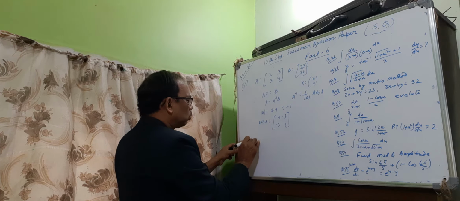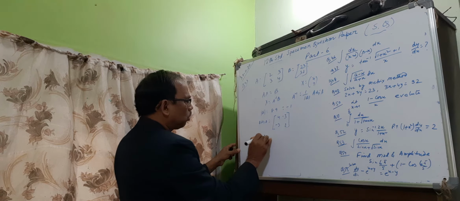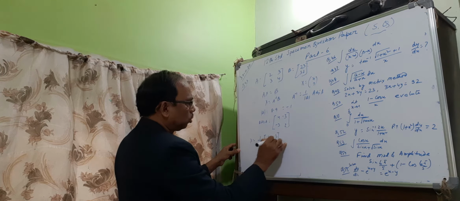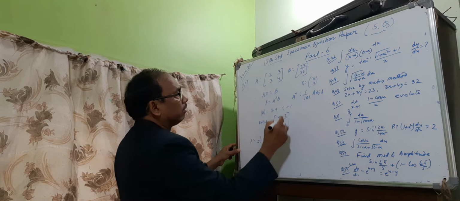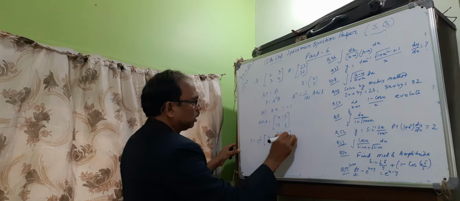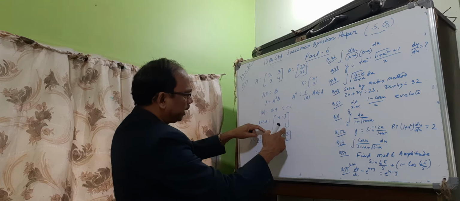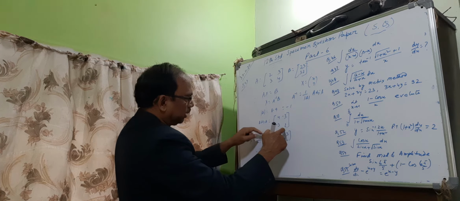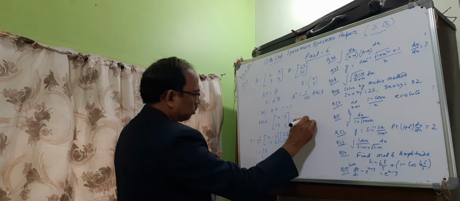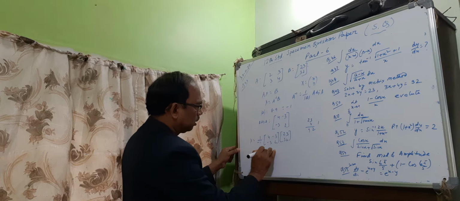Then x equals A inverse B, that is 1 by minus 1 times the matrix 4, minus 3, 2 into A inverse B, where B value is 23, 32. Then multiply. This part is 4 into 8 minus 9. This into 23 into 4, 92.